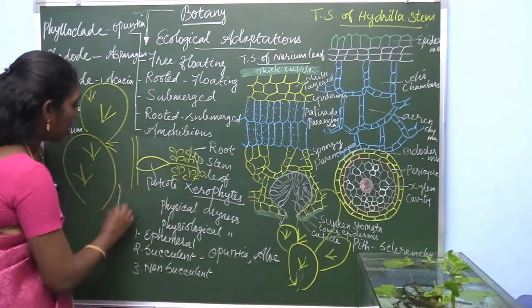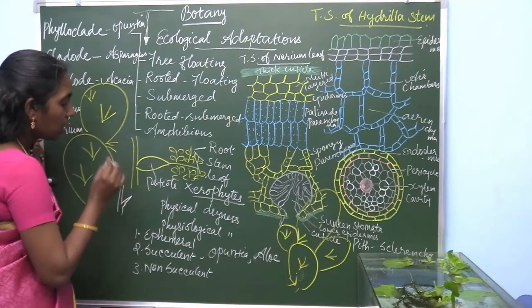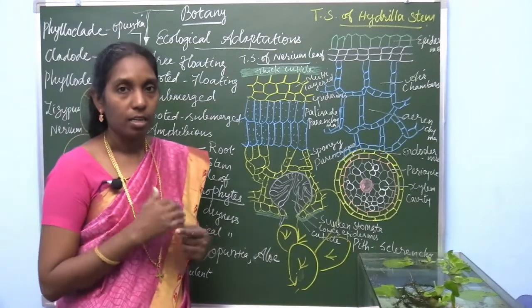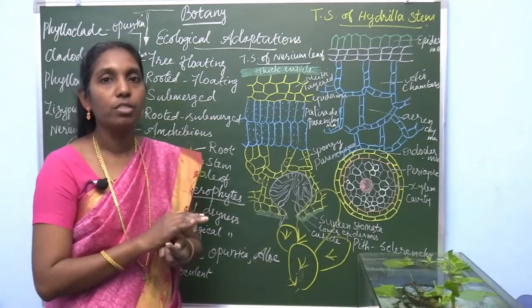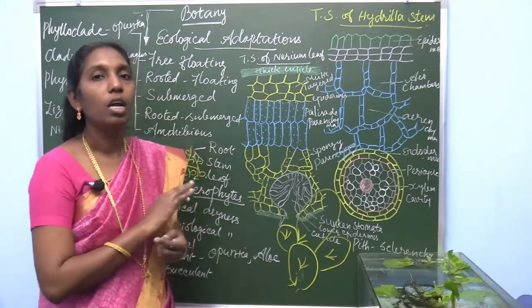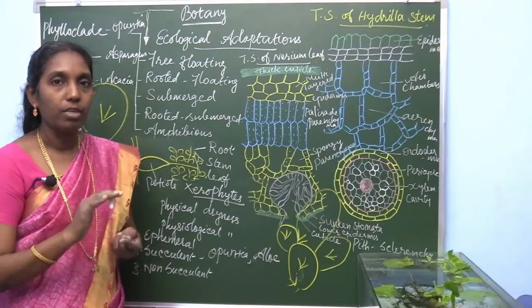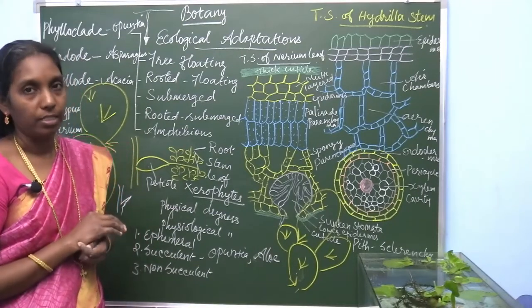Here, this part, the stipule, is modified into a spine. In Zizyphus and Nerium also, the leaf part is reduced into spines, or the entire body, stem and leaves, is covered with hair-like structures to reduce transpiration.